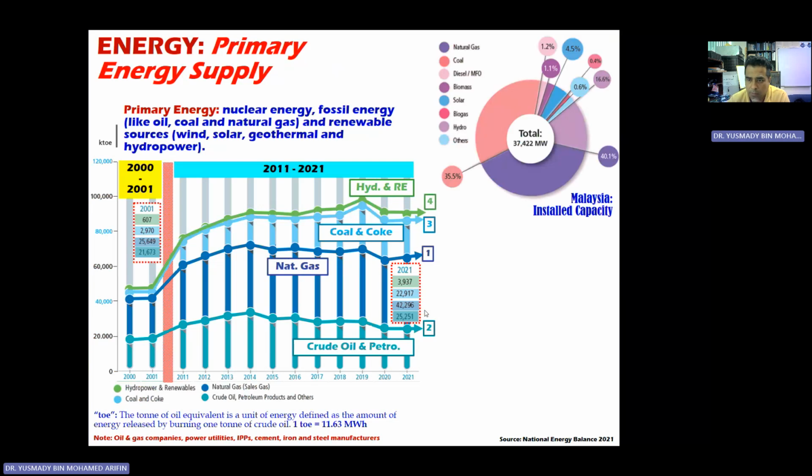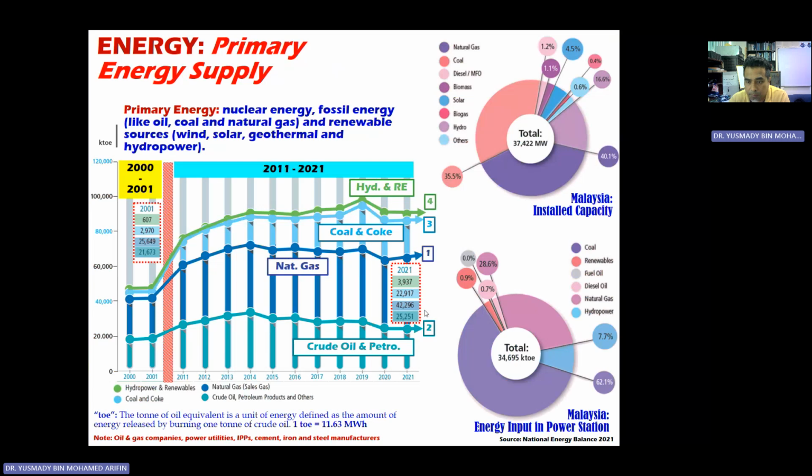So if we look into installed capacity in Malaysia, in terms of the amount of electricity, the major component actually comes from natural gas, followed by coal, because normally these types of energy source are used in power stations, power generation that produces electricity.